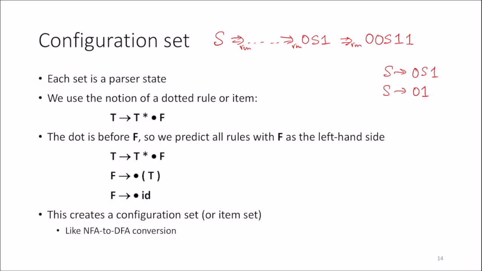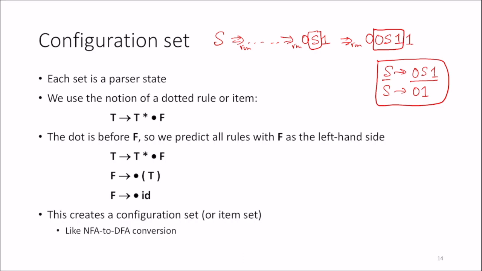So let's, for example, take this grammar that we've seen before, which has two rules, s goes to 0 s 1 and s goes to 0 1. If I want to recognize that this 0 s 1 should be replaced using a reduce action to the s symbol, which is the left hand side of this rule, so I want to match the right hand side, replace it with the left hand side.